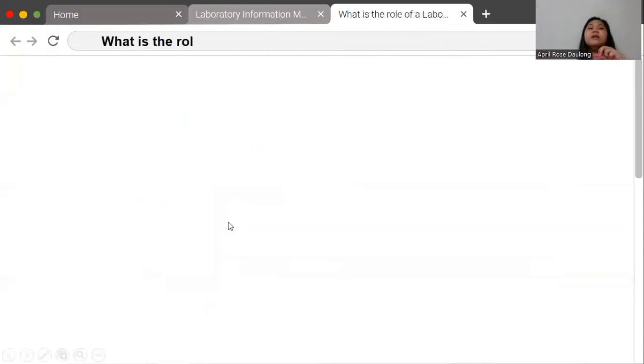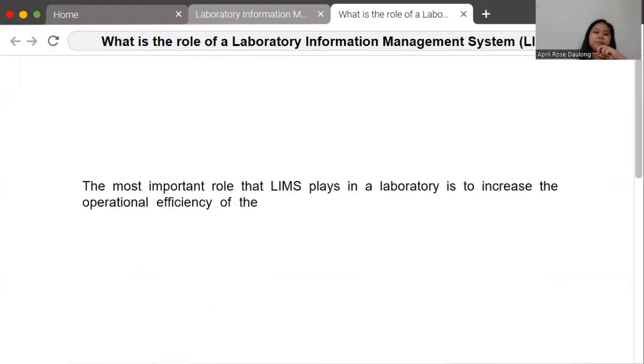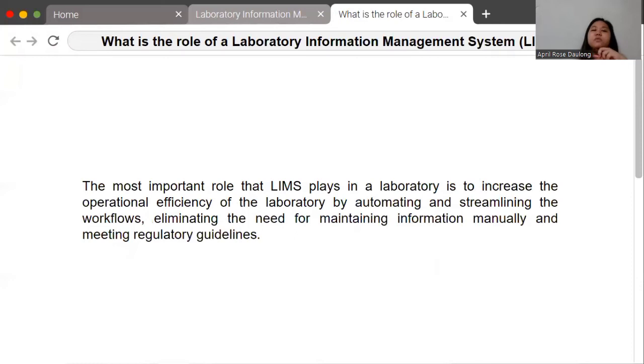So next, what is the role of a laboratory information management system or LIMS? So the most important role of LIMS in a laboratory is to increase the operational efficiency of the laboratory by automating and streamlining the workflows, eliminating the need for maintaining informations manually, and meeting regulatory guidelines.